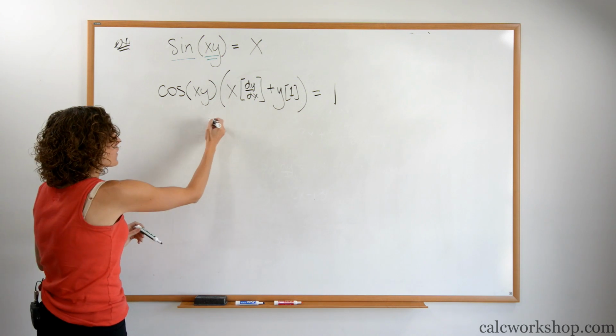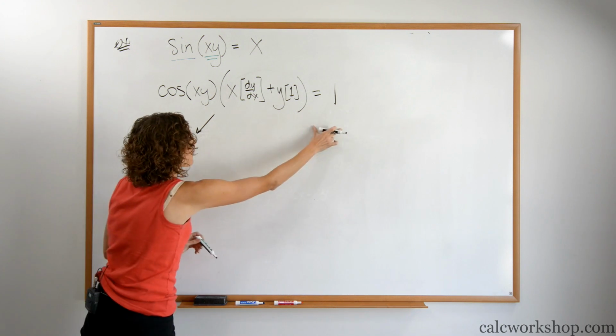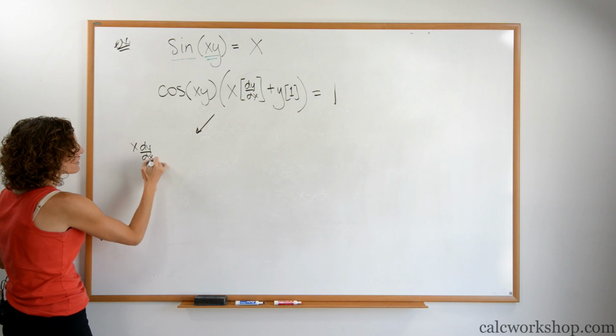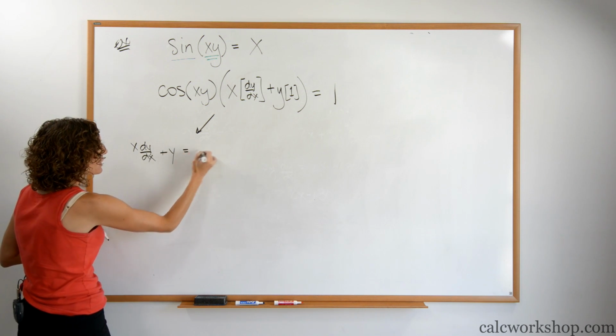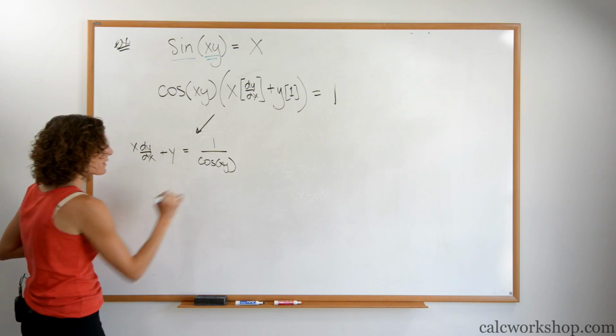So one way of simplifying: let's divide by cosine of xy. So what we've got is x dy/dx plus y equals 1 over cosine of xy.